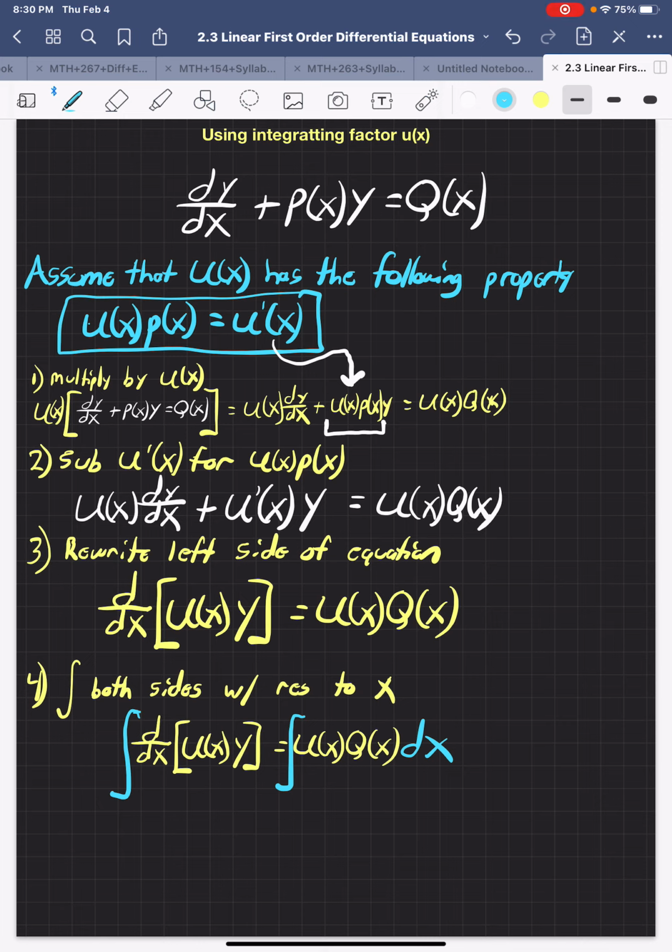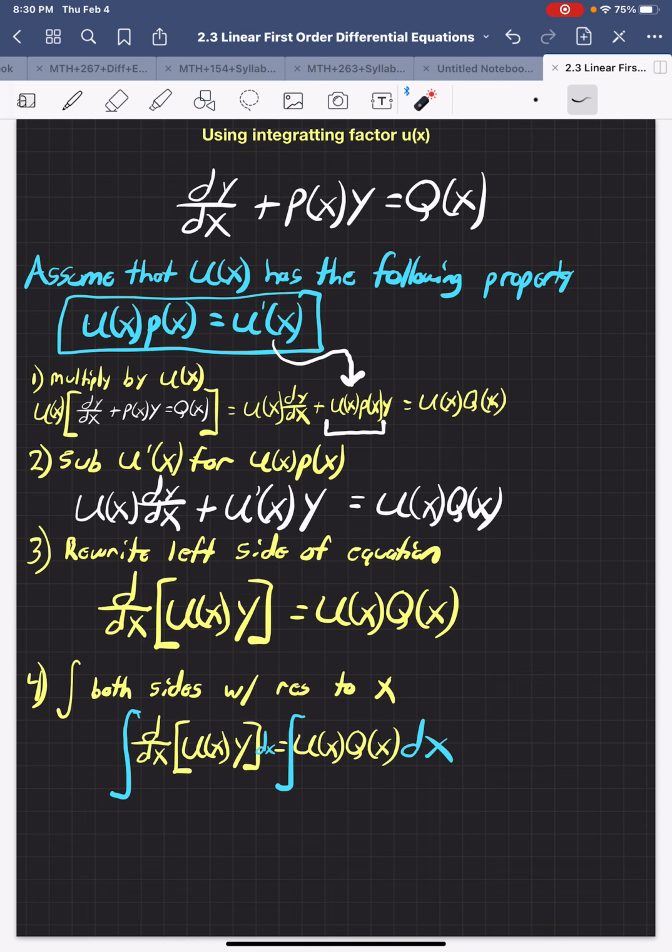Now, what's going to happen at this point is we're going to leave this alone. But if you integrate a derivative with respect to x, you are just undoing the previous operation, right?